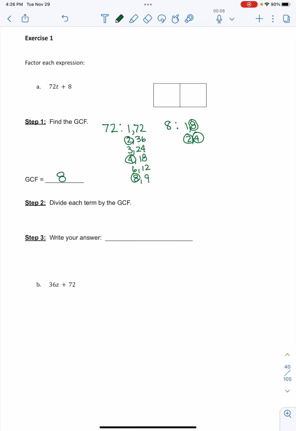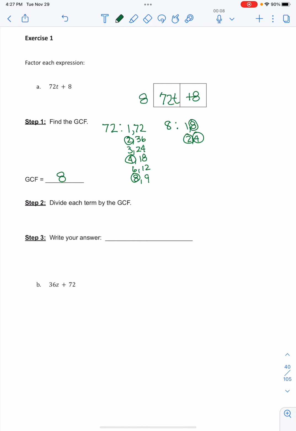So when I put this in here, I have 72t, and on the right-hand side, I'm going to put in plus 8. So my greatest common factor, I'm going to put on the outside.